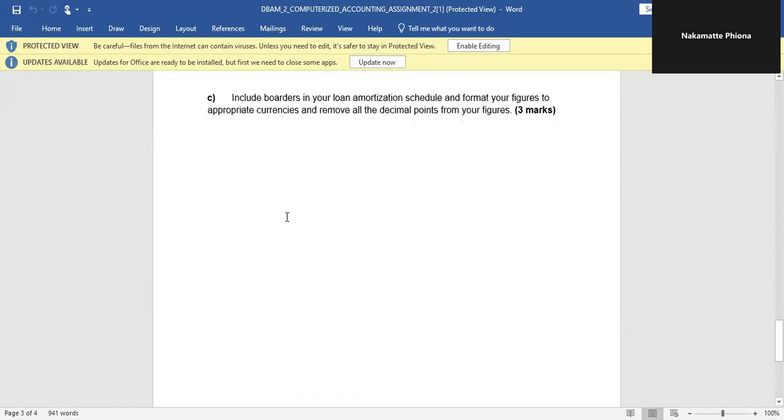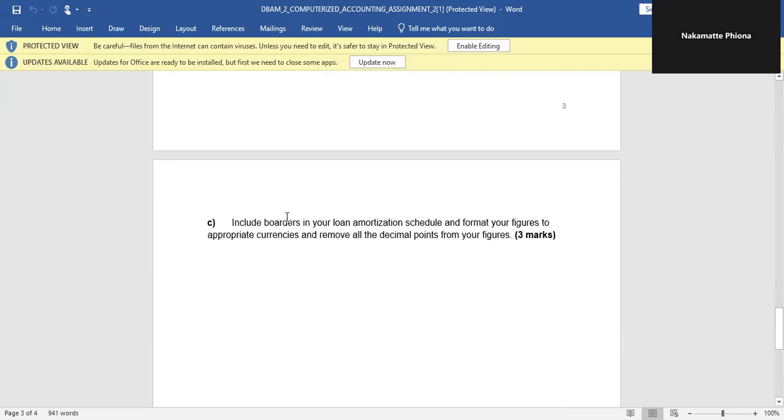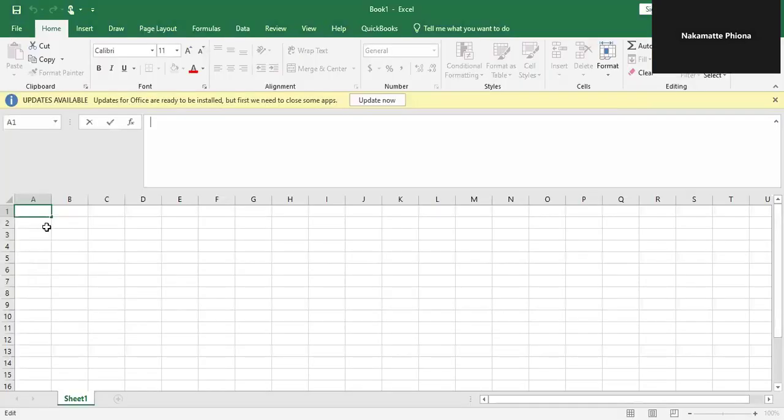Then the second is for loan amortization. Let me consider payroll as number one.